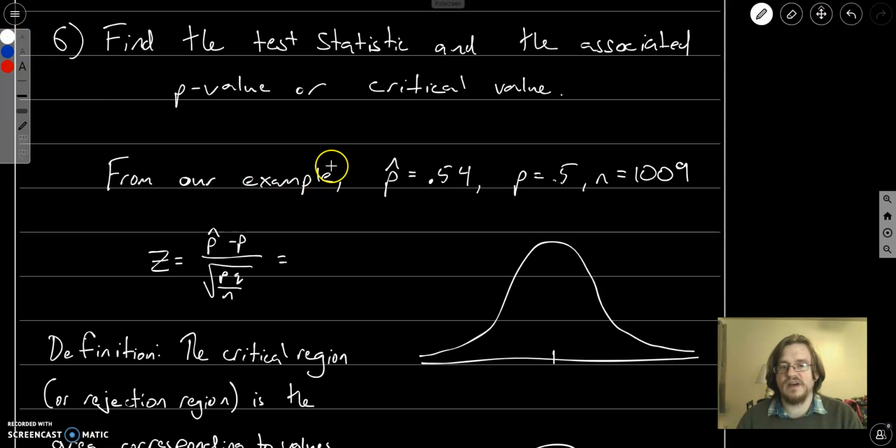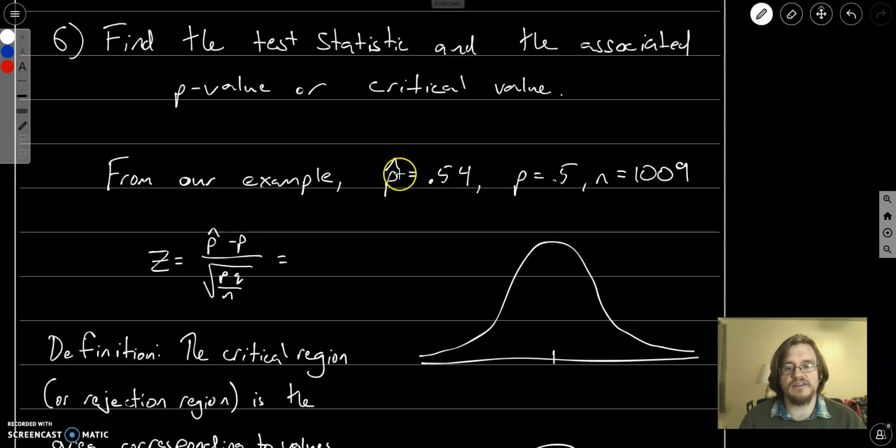From our example, we asked 1,009 people whether or not they would be comfortable or uncomfortable with drones making deliveries, and we found that 54% of our sample was uncomfortable with it, and we are testing whether or not at least 50% of the population would be uncomfortable with drone deliveries.